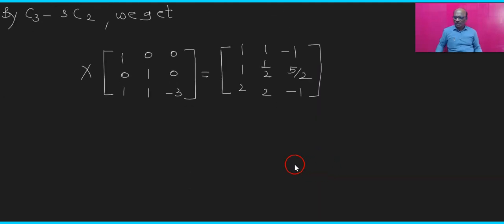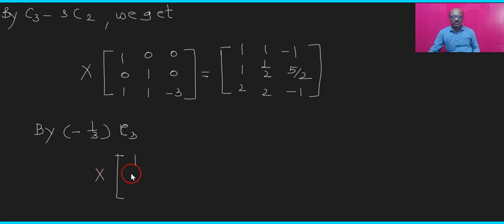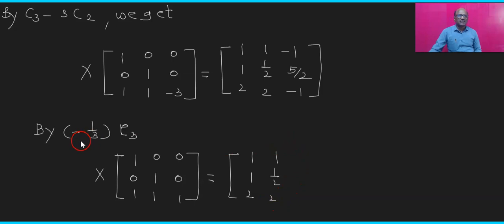Now by the next operation, by minus 1 upon 3 C3, here you will get 1, 0, 1, 0, 1, 1, next 0, 0, 1, and on this side 1, 1, 2, 1, 1 upon 2, 2, and minus 1 upon 3 into minus 1.